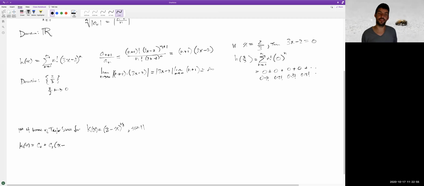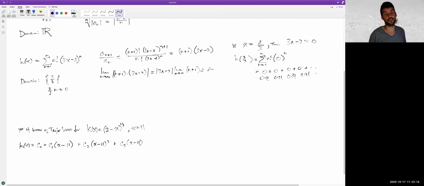In this case, I should have said that we're doing the Taylor series at x equals 11. So that's where it's located, we get x minus 11 plus another constant times x minus 11 squared plus another constant times x minus 11 cubed. Of course, the Taylor series goes on, but these are the first 4 terms. These are the things that we want in this case.